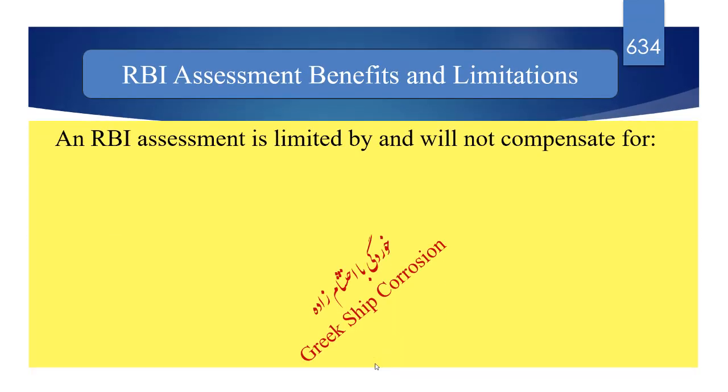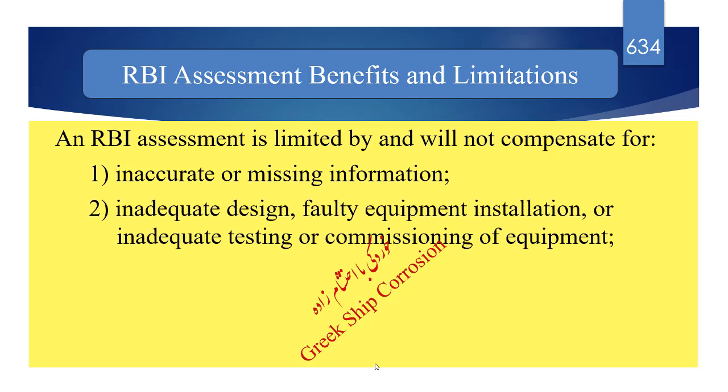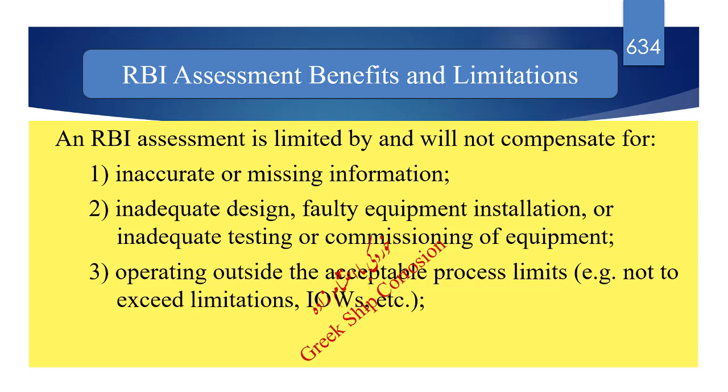An RBI assessment is limited by and will not compensate for: 1. Inaccurate or missing information. 2. Inadequate design, faulty equipment installation, or inadequate testing or commissioning of equipment. 3. Operating outside the acceptable process limits, for example, not to exceed limitations, IOWs, etc. 4.